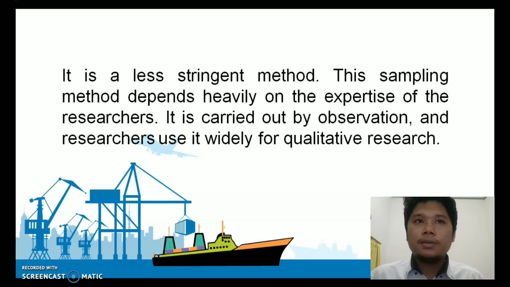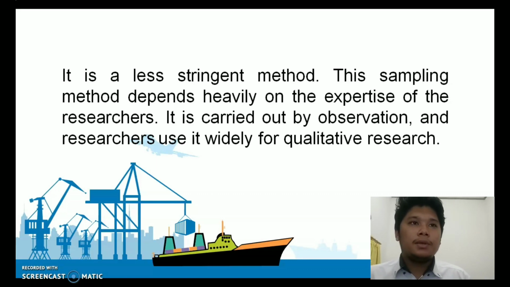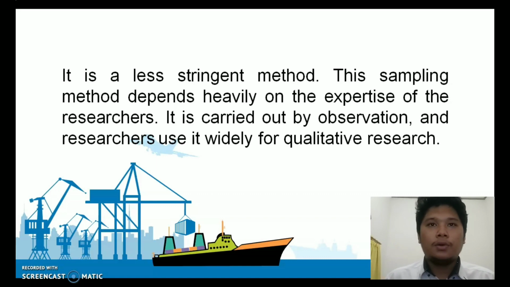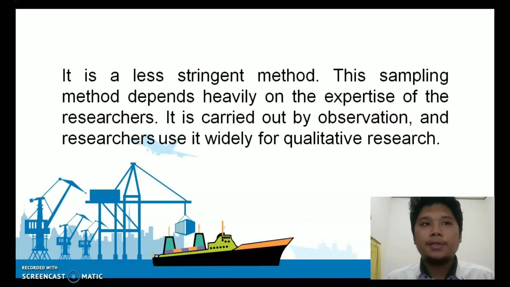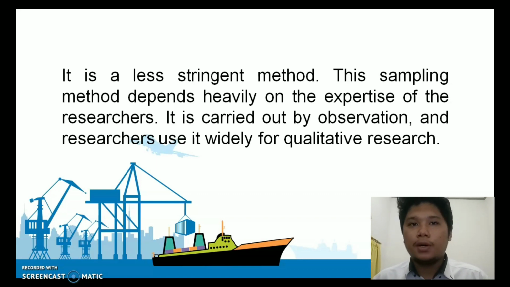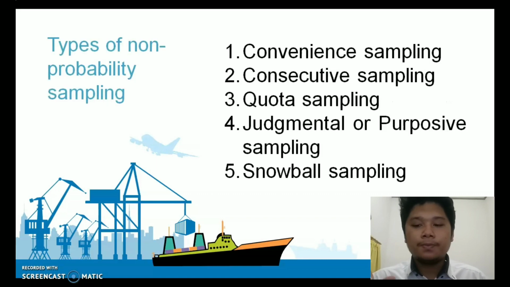It is a less stringent method. Stringent means tight, or in Indonesia means ketat. This sampling method depends heavily on the expertise of the researchers. It is carried out by observation, and researchers use it widely for qualitative research.